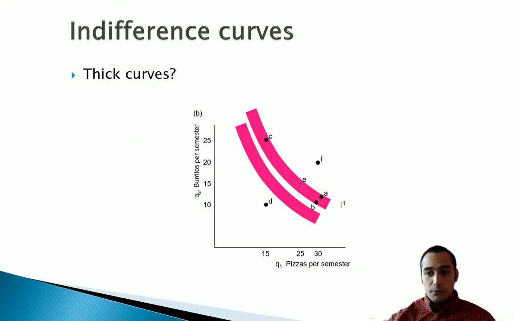Our next question is, well, could we have chunky curves? Could we have curves with some width to them? Is this rational or not? Take a moment, think it through. So we can apply the same tools we just used. You will note by this indifference curve, point A and point B are preferred how? How might I compare point A and point B? Looking that they are on the same indifference curve, they must be indifferent.